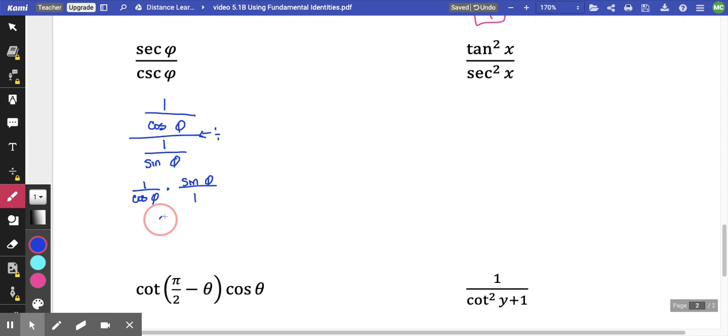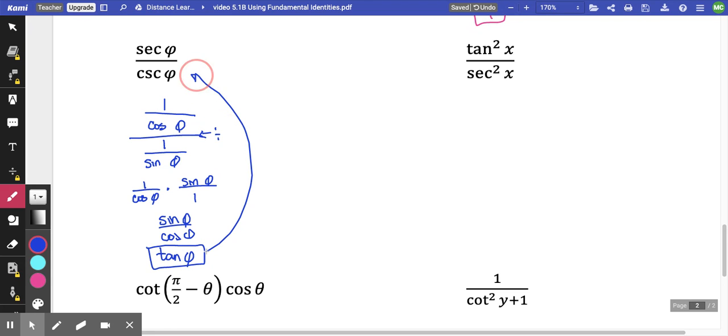So I would say sine of phi over cosine of phi. And now I could go a little bit further because sine over cosine is the same as tangent. So this would be tangent of phi. So this would be my simplified version of that one. Again, really interesting. Nowhere in the original problem was there a tangent, but it is in fact equivalent to tangent.